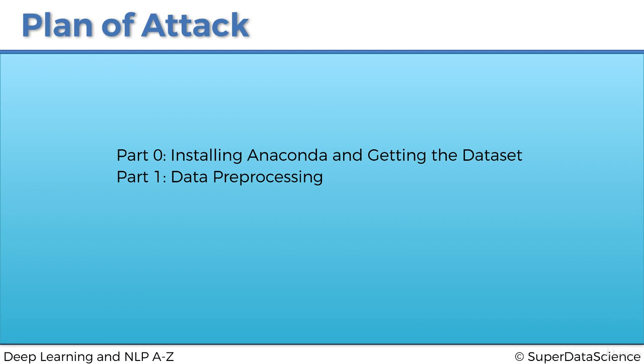Besides, we'll have to clean the text, because the less we clean and simplify it, the more difficult it will be for our model to train itself to talk like a human. So we will have to do a lot of data preprocessing. This will not be the funniest part, but I will try to do it as efficiently as possible so that we can get to the exciting parts, which are part 2, part 3, and part 4, when we get into the heart of the model.